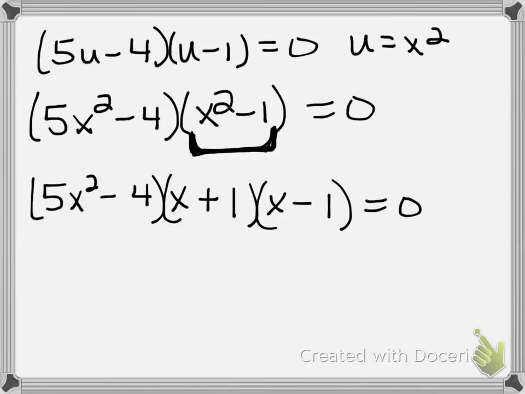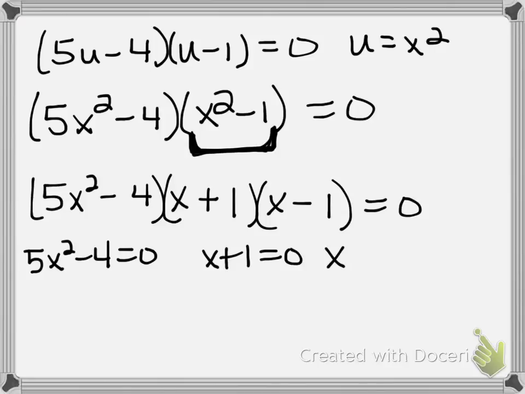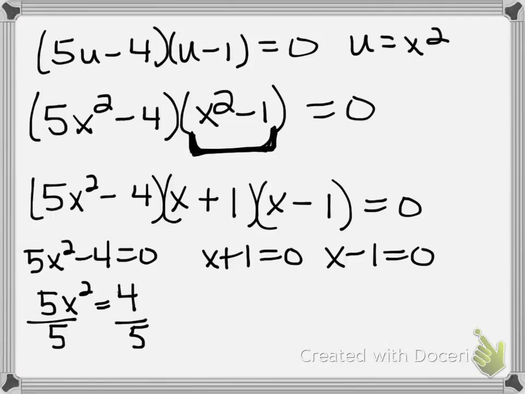Okay? Now you're going to set each of these equal to 0 to solve. So here I get 5x squared equals 4, and then I have to divide by 5. So I get x squared equals 4/5.